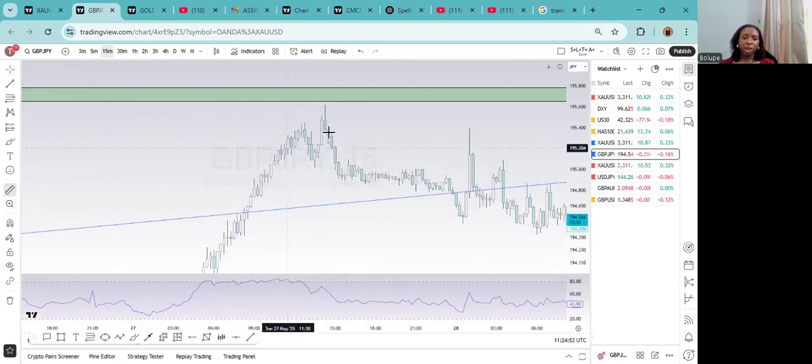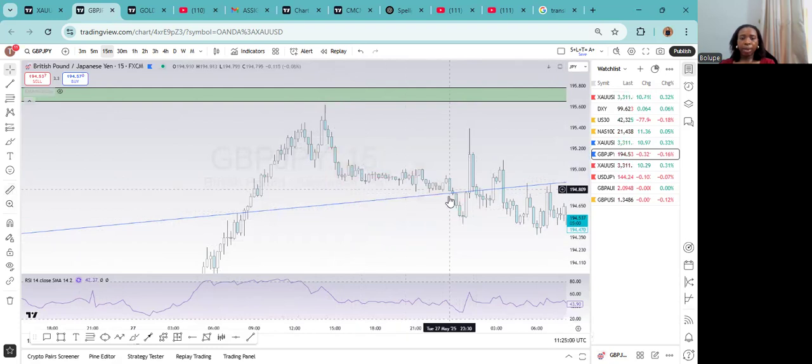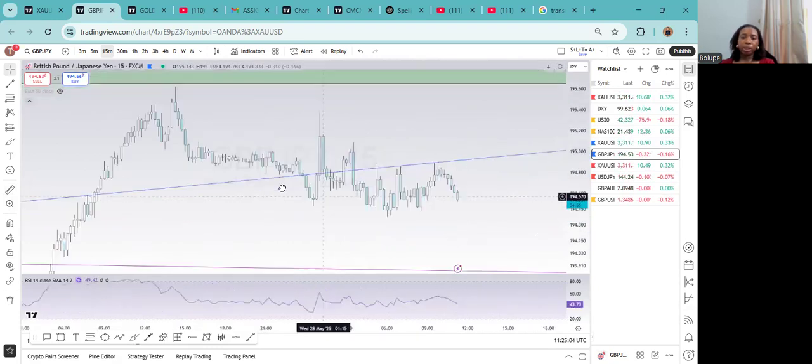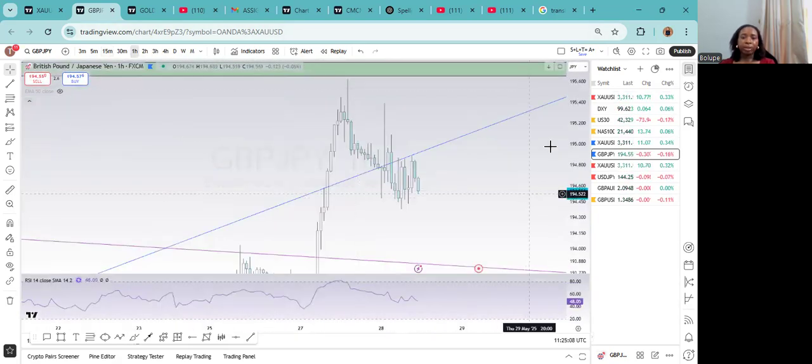Just to be careful, you take it to a very nearby place, which is this trend line here. So that was 60 pips. And so price is currently at the back of that trend line.